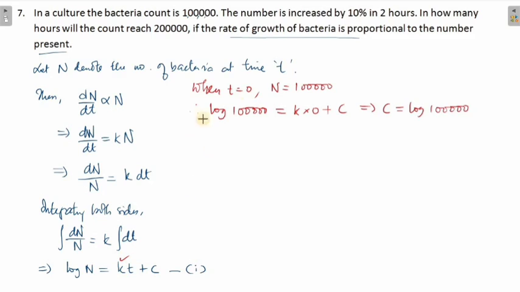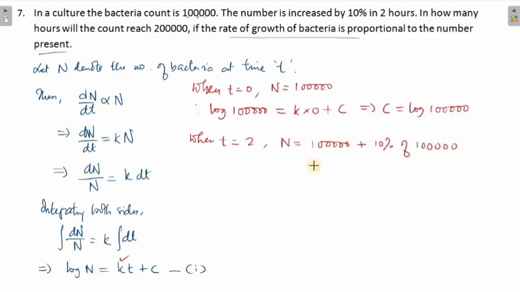So when t is equal to 2 hours, the number of bacteria count becomes, see, this is already there, and it will be increased by 10%. So 10% of 1 lakh.